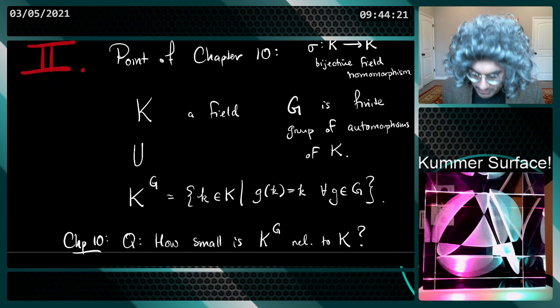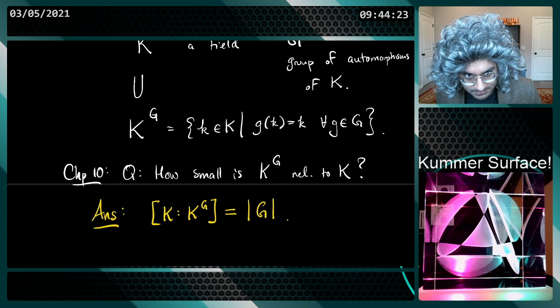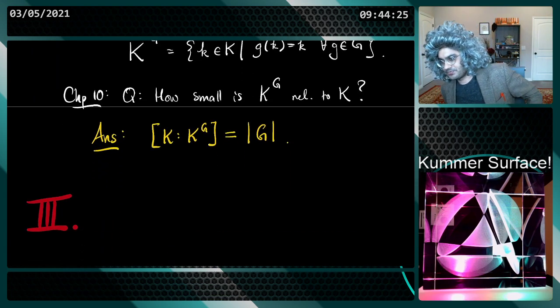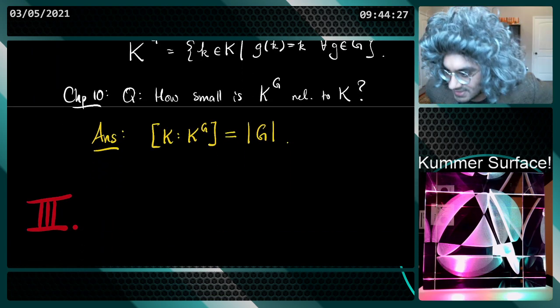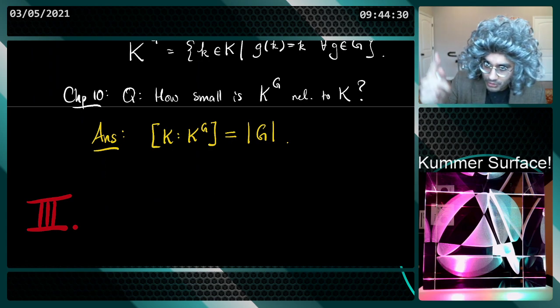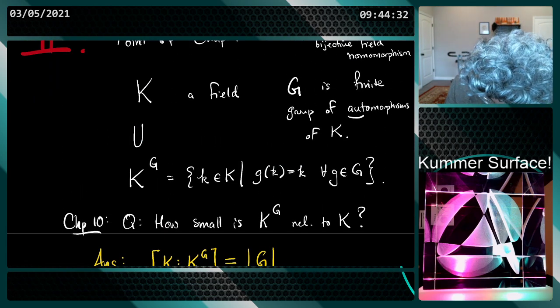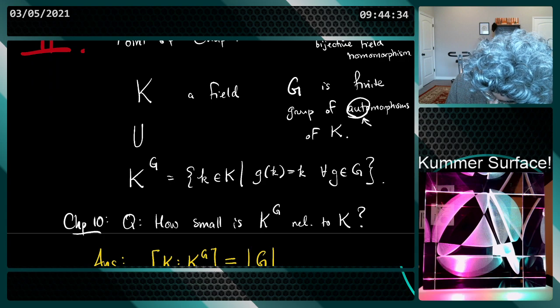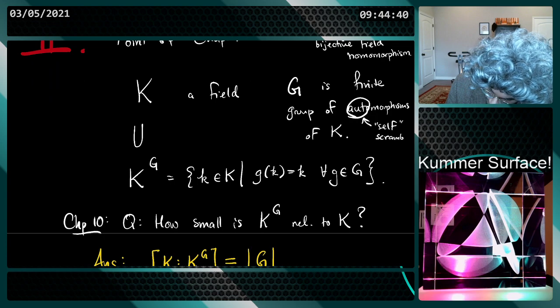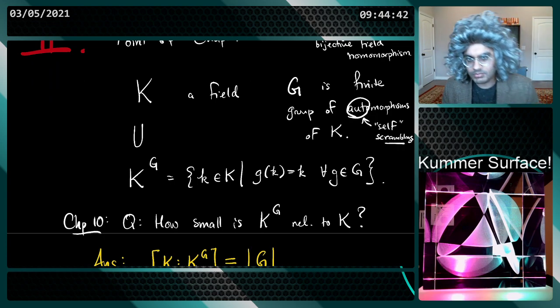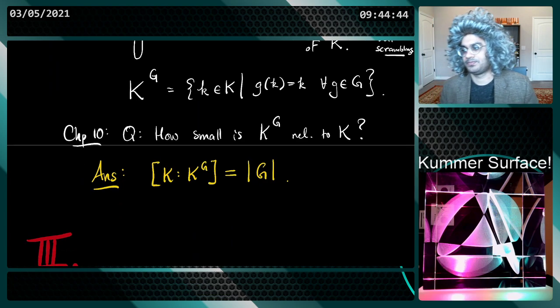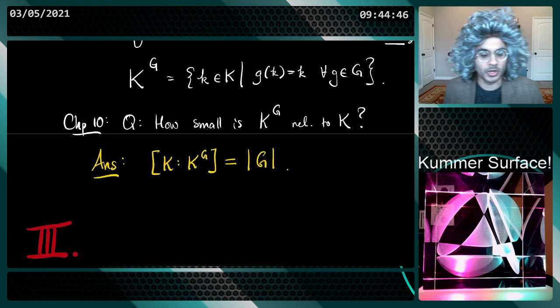Hard to make. The word automorphism, auto means like self. Self scrambles.